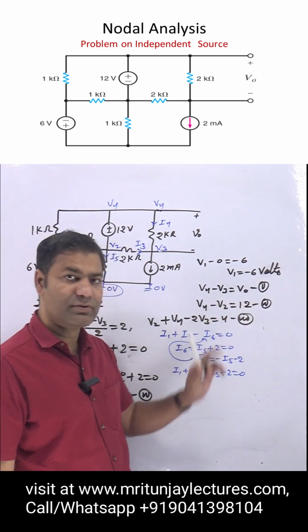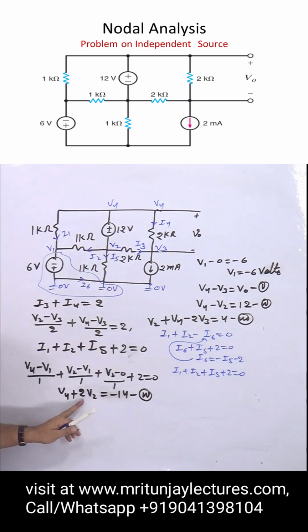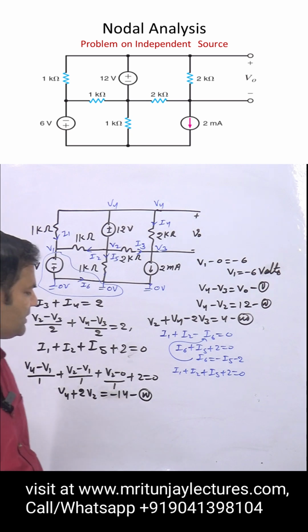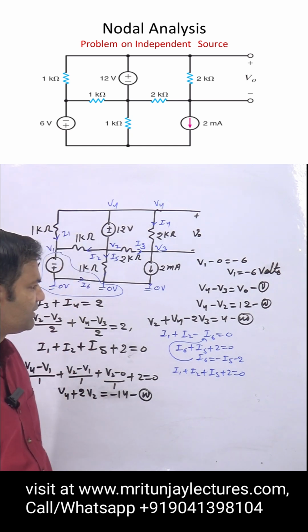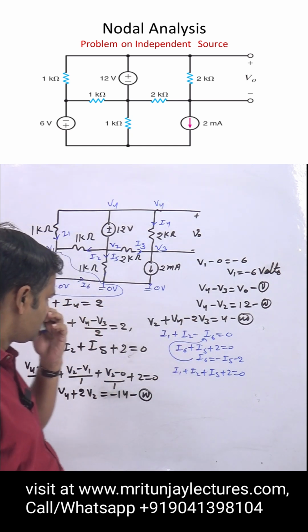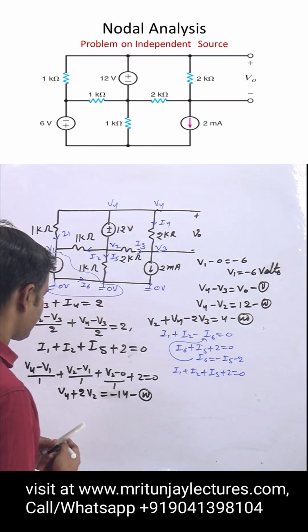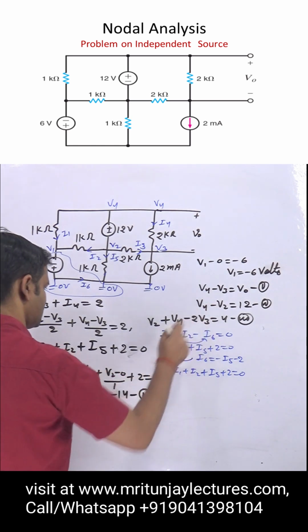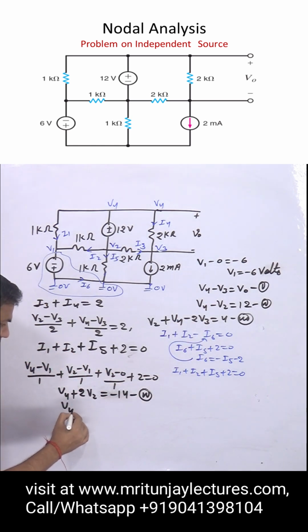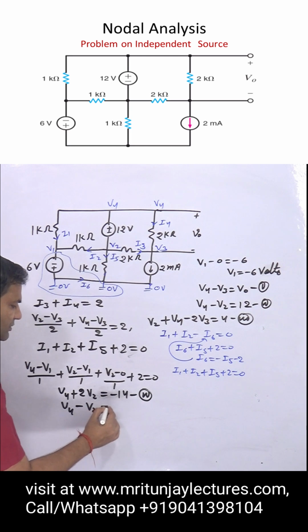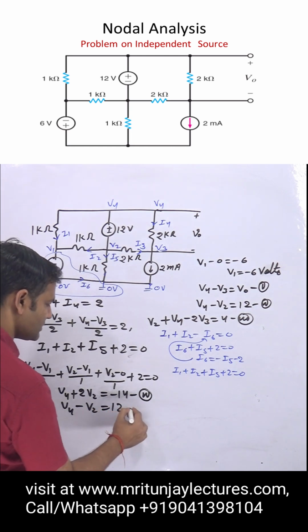V4 minus V2 will be equal to 12 and V4 plus 2V2 will be equal to minus 14. Our motto is to determine V4 and V2 from these two equations. Here V4 minus V2 will be equal to 12, equation number 2.